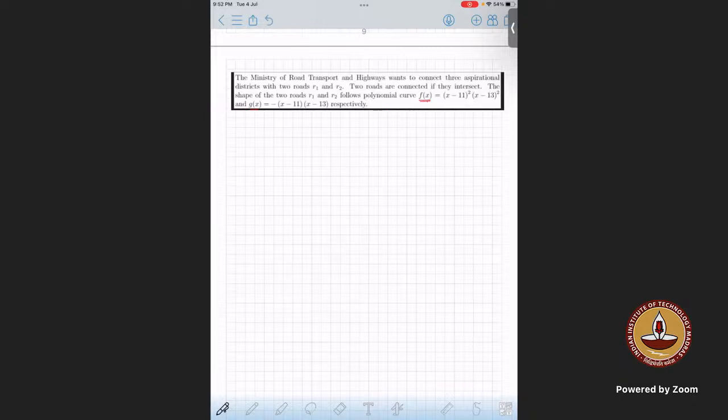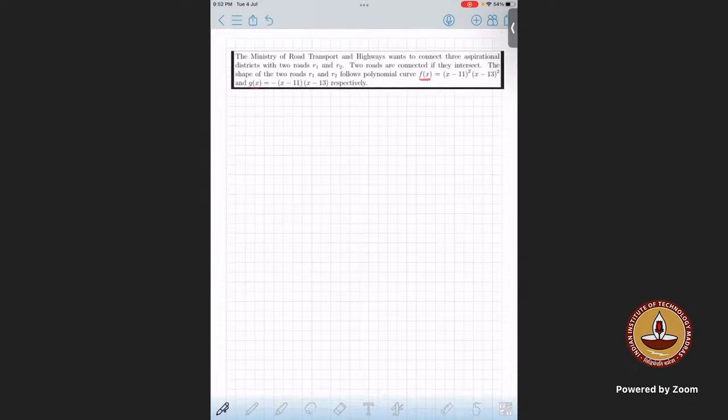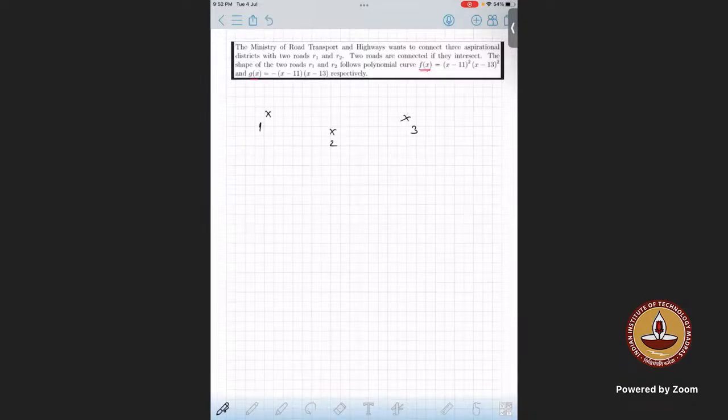Look, listen to this question very carefully. Hello, are you able to hear me? The Ministry of Road Transport and Highways wants to connect three districts, district 1, 2, and 3. Just for visualizing, I have drawn something. Two roads are connected if they intersect.